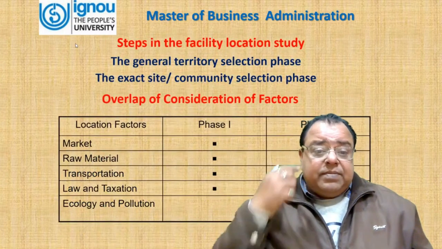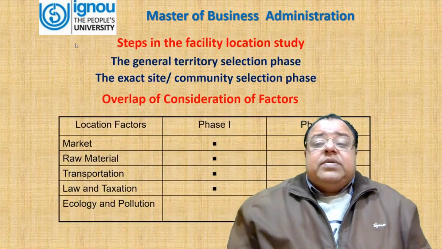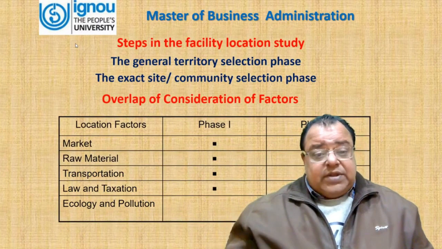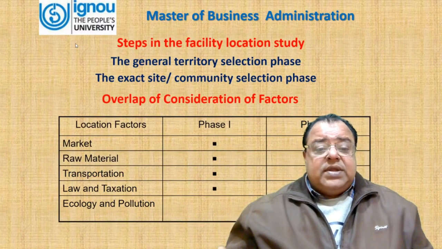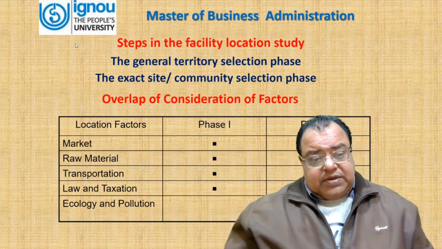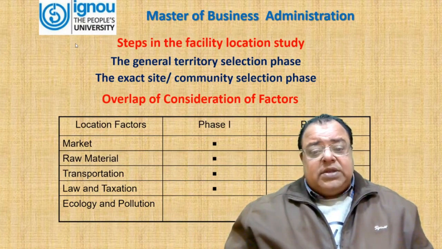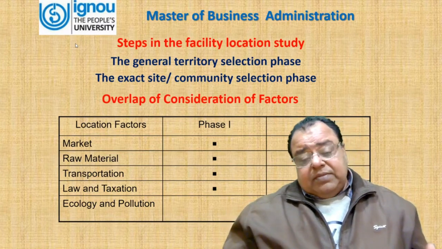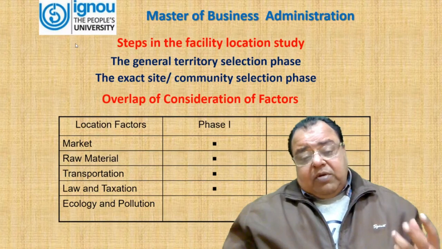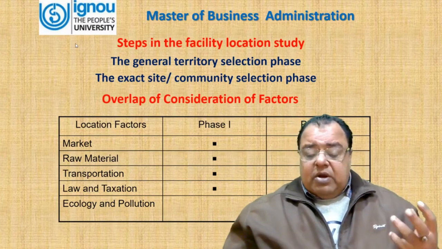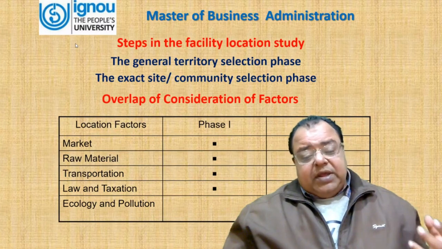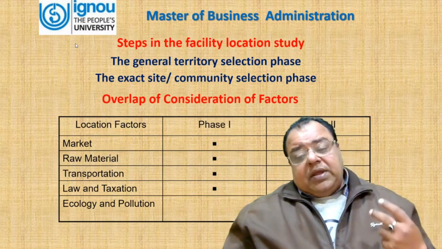What are the steps in the facility location study? First of all, it is the general territory selection phase, and the second one is exact site or community selection phase. There may be some cases where there is overlapping of the factors, because we can see over here, location factors are market, raw material, transportation, law and taxation, ecology and pollution.